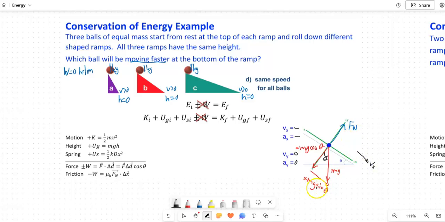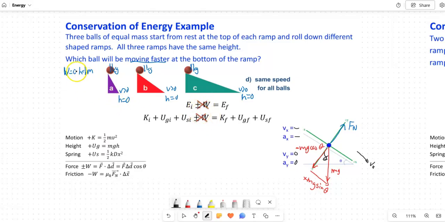Okay. So the only thing acting on it in that direction is mg sine of theta, which is the weight of the object. So that is the potential energy due to gravity. Now, since we've determined there's no outside forces parallel to the direction of motion, now we could go ahead and do our force diagrams and confidently cross out work.